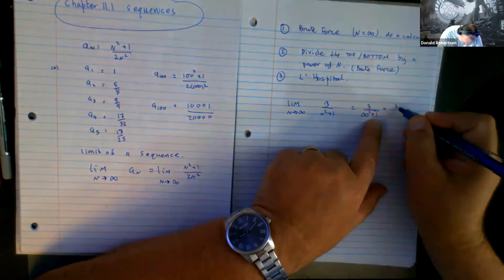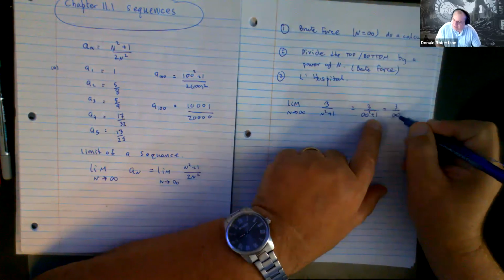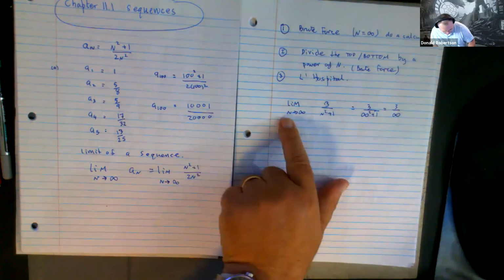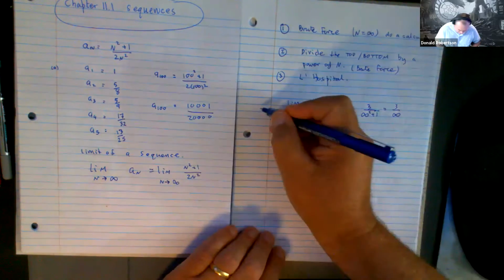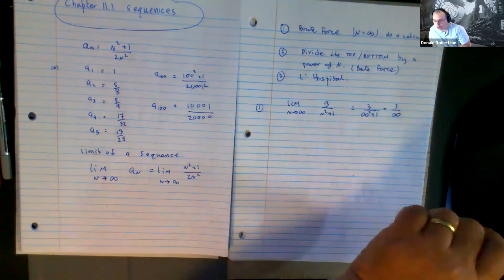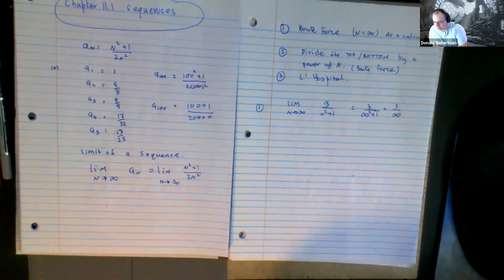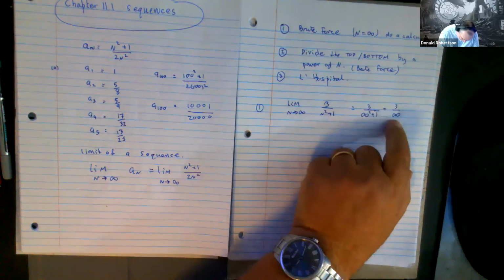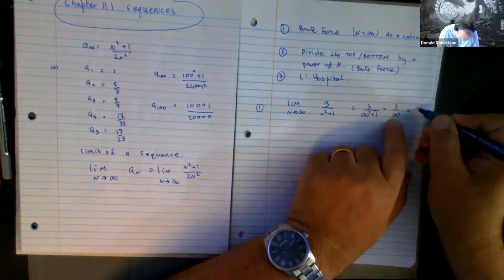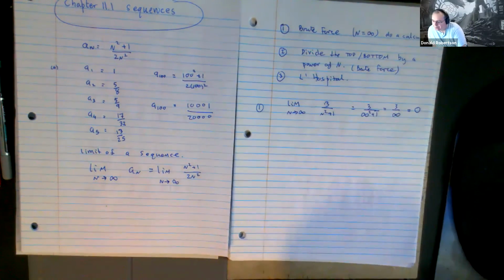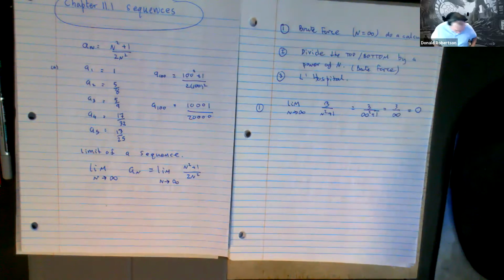And so it's okay to say that. And in these questions, the ones that use brute force, your answers are almost always going to be 0 or infinity, right? 3 on the top divided by infinity. Would you agree the limit would be 0? Any number over an infinitely large number is going to tend towards 0.